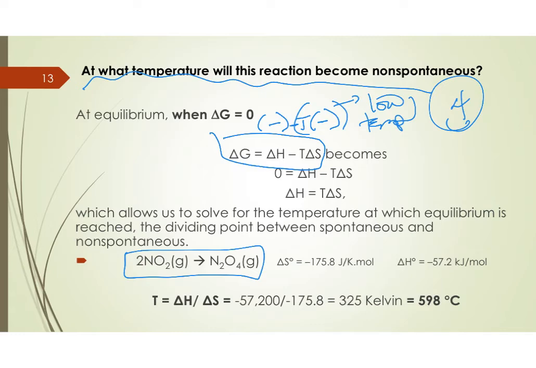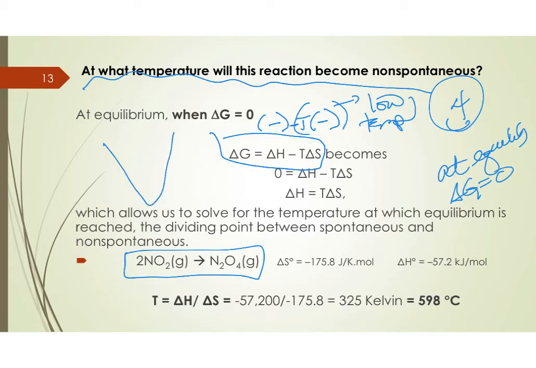At equilibrium, right, delta G is 0, okay? We're down at the bottom of that curve, and there's no driving force at all. And equilibrium is the point at which a reaction will flip from being spontaneous to non-spontaneous. Okay, so think about it.